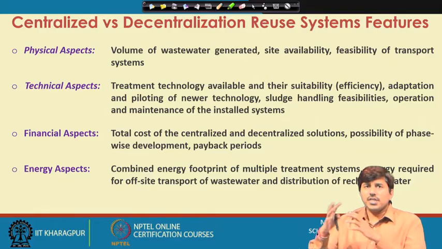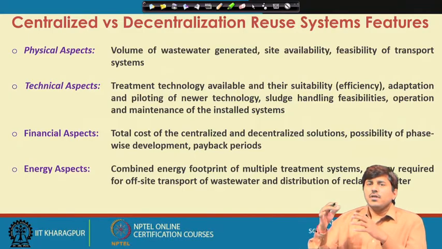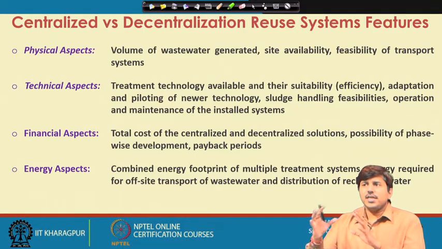Then operation and maintenance of the installed system, that is another very important aspect. In centralized systems, we can have a devoted team which looks after the operation and maintenance of the plant.